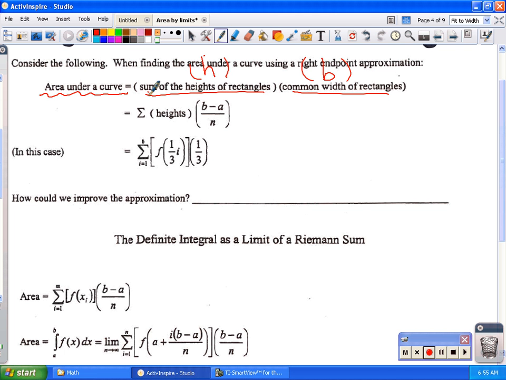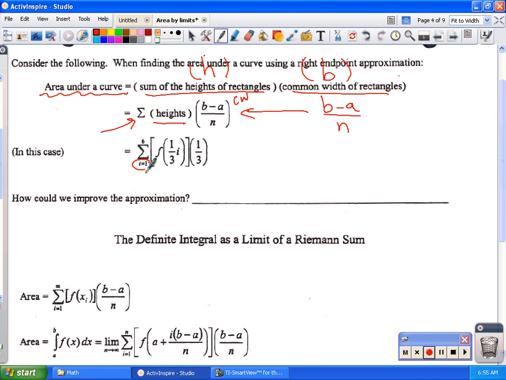Now in mathematics we have easier ways to write this up. For the sum, we know the Greek letter sigma indicates that we're going to sum up something, and we're going to sum up the heights of all the rectangles. And we've seen over and over again, to find the common width, it's the difference between the endpoints divided by the number of subintervals. So that right there, (b - a)/n, simply represents your common width. And for this particular example, we start with i = 1.